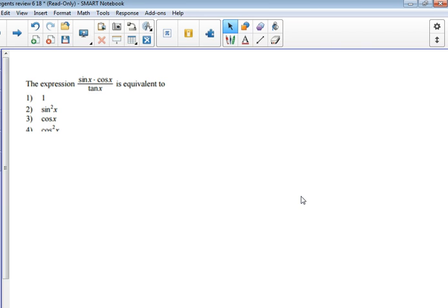I think it's cos squared. Wait, is that a multiple? It's a multiplication sign on top. If it's a multiplication sign, can you cross out? Yeah. Okay, good.